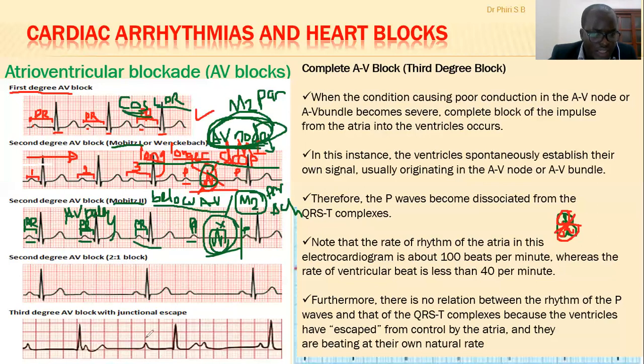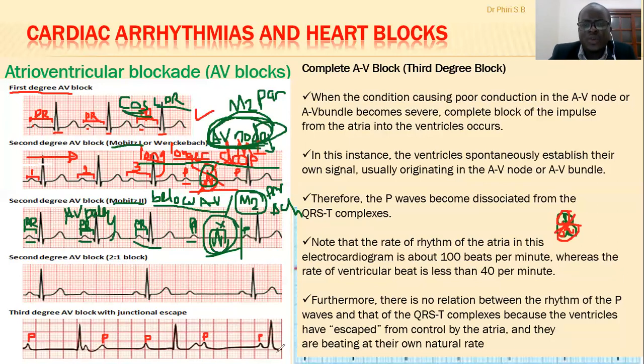So you can see here, there's a P wave, then here, there's another P wave, then you have a P wave here, then this P wave here. Then this is also a P wave. Then you have QRS complex, QRS complex, QRS complex.